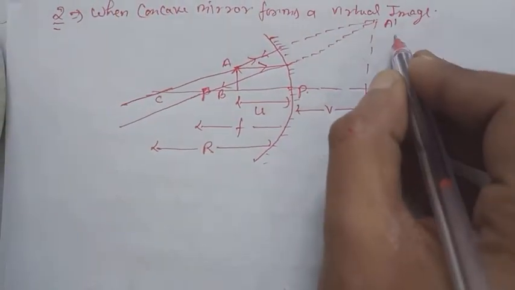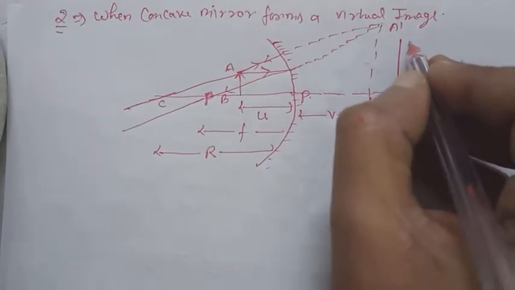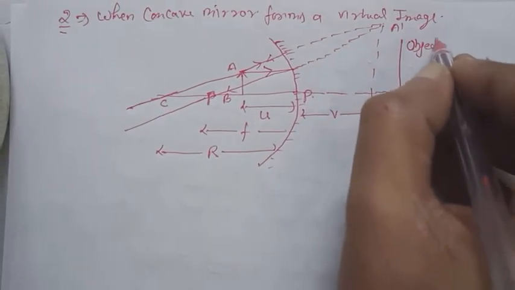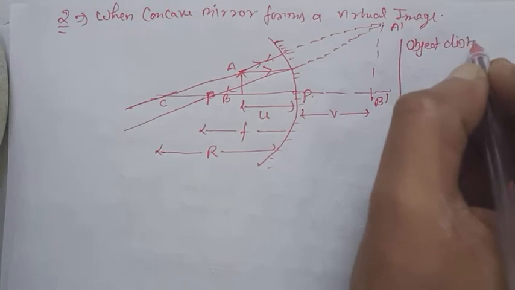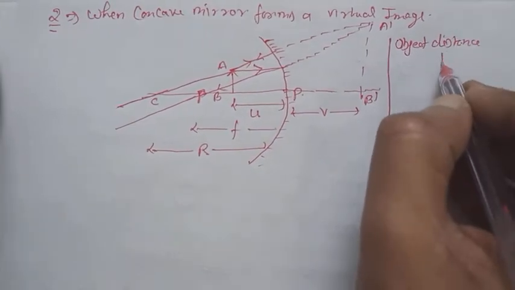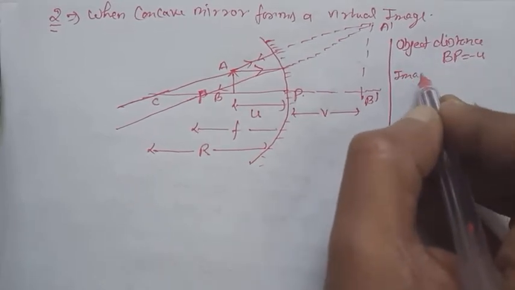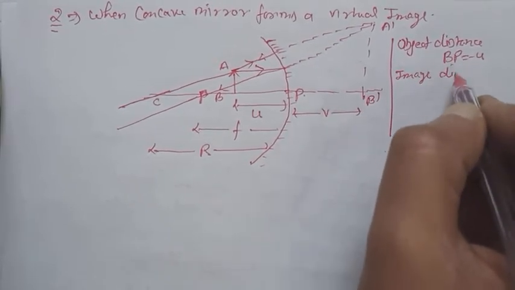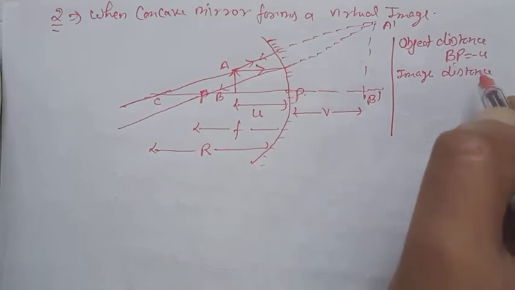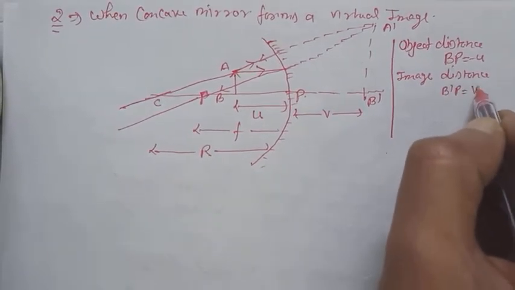Also write down all the distances. Object distance BP equals to minus ku. Image distance B dash P, v will come.